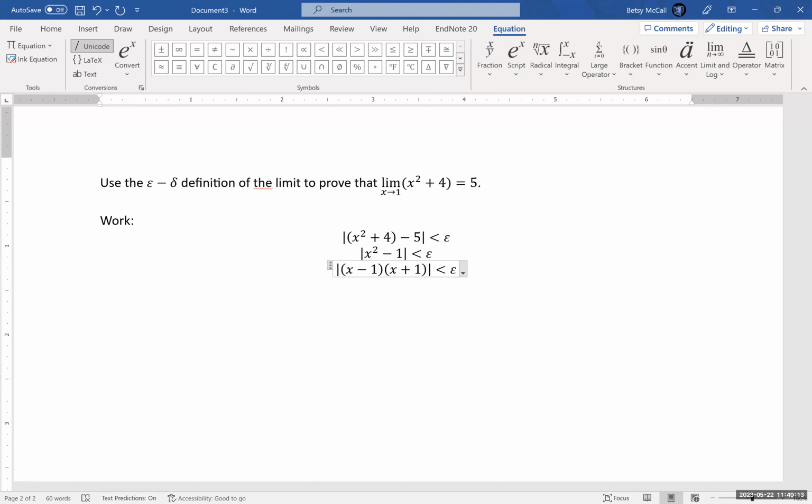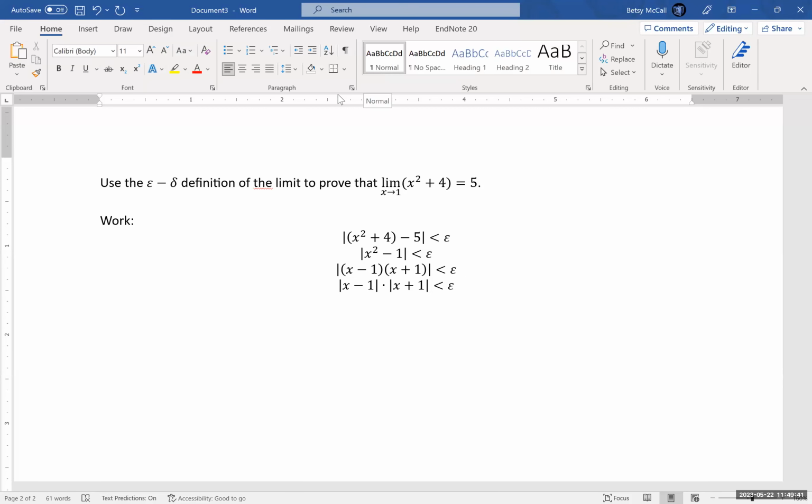And then, because they're multiplied together, we can split these into the absolute value of x minus 1 times the absolute value of x plus 1 is less than epsilon.